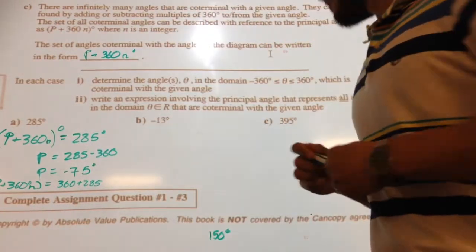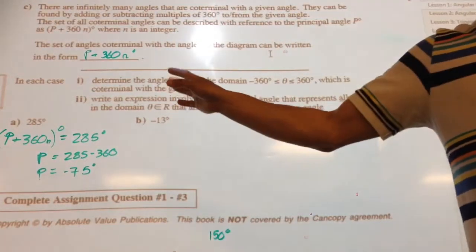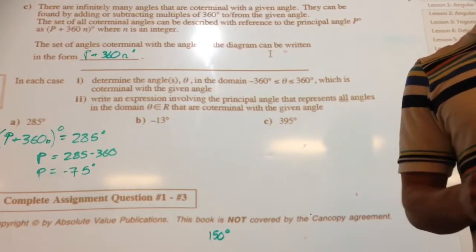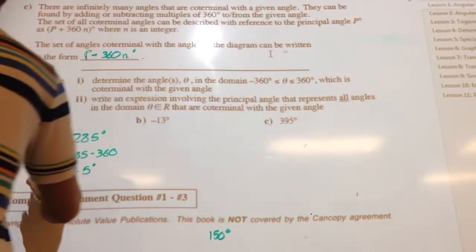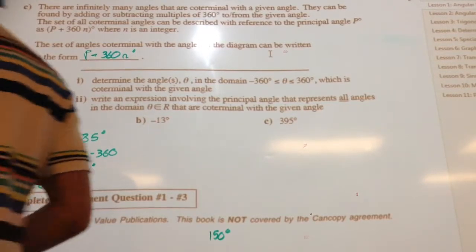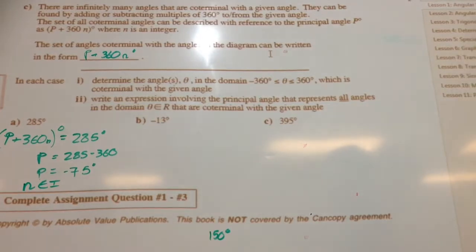But if we do this, we get a larger number. So in this scenario, we don't even have to do the second formula, but we could just say N is an element of integers. That's all they would be looking for in our statement.